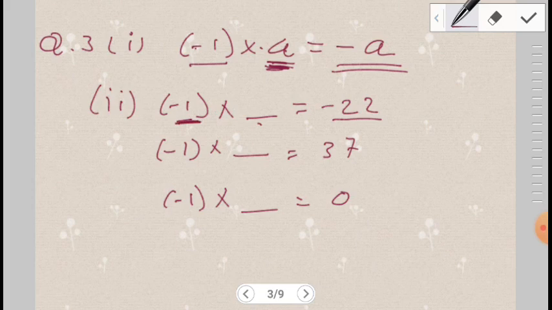So in the answer I will get minus 22. So here I will multiply 22. So minus plus minus, so I will get here the minus sign, and 22 ones are 22, so I will get here minus 22.